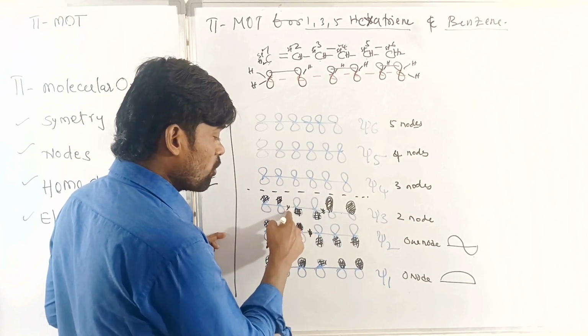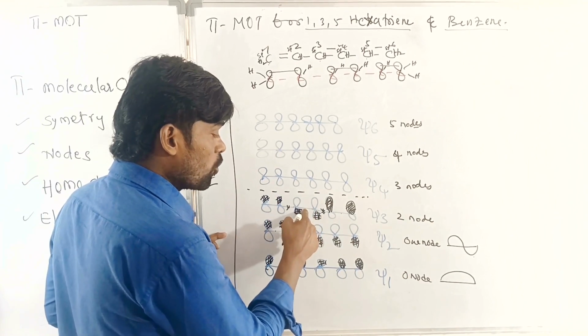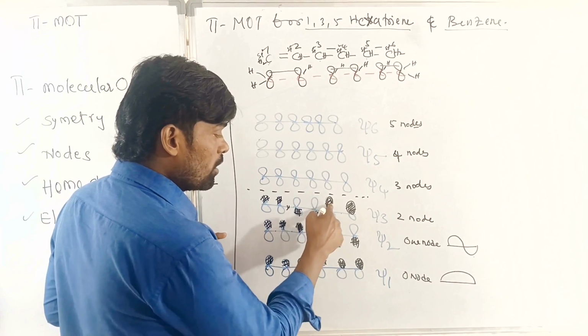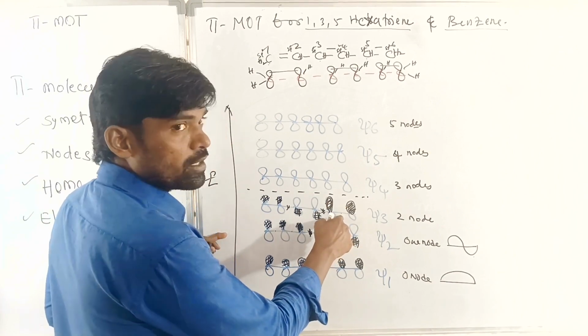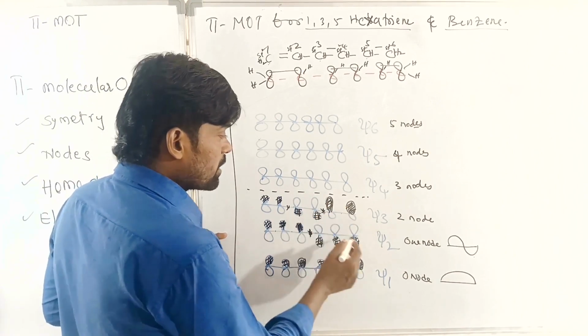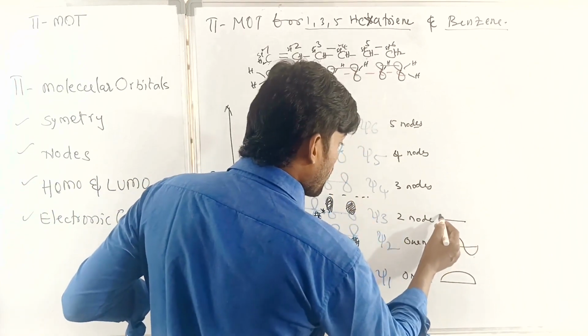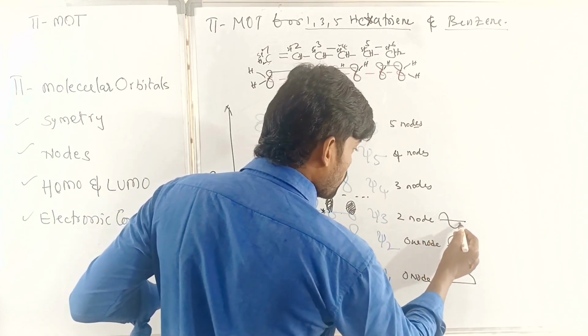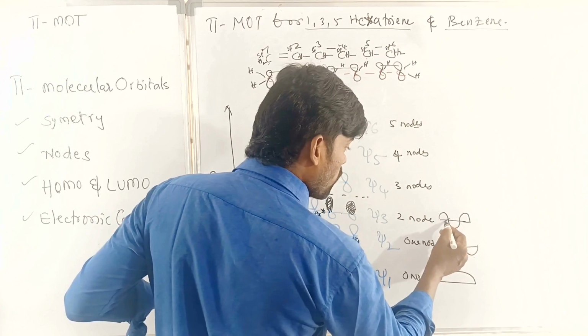Between these 2 there is a differentiation, so a node is formed. Between the others there is no node. So 2 nodes are present: 2 up, 2 down, 2 up.